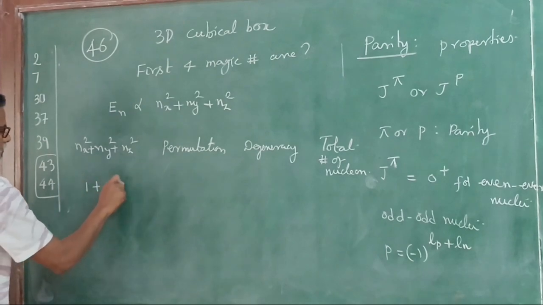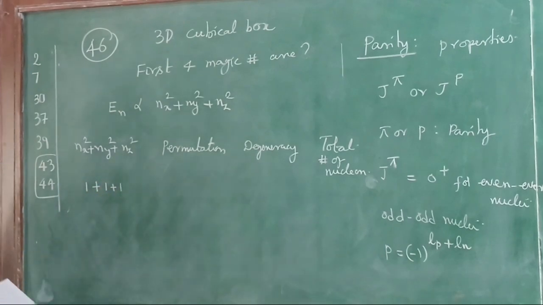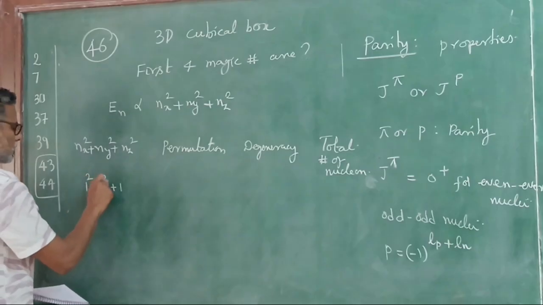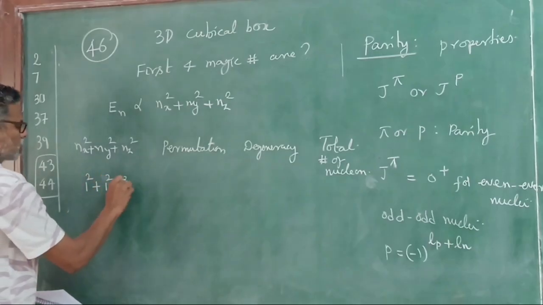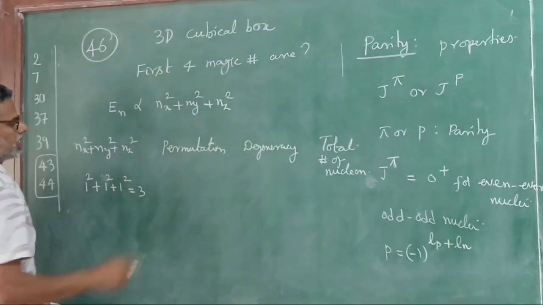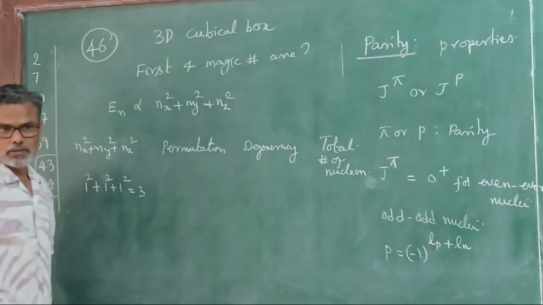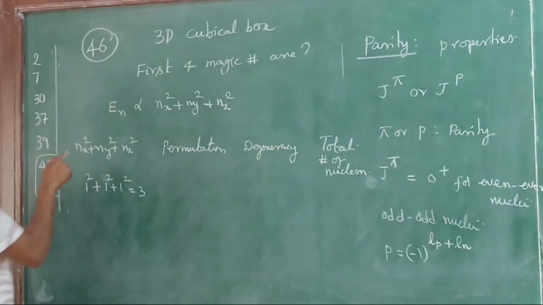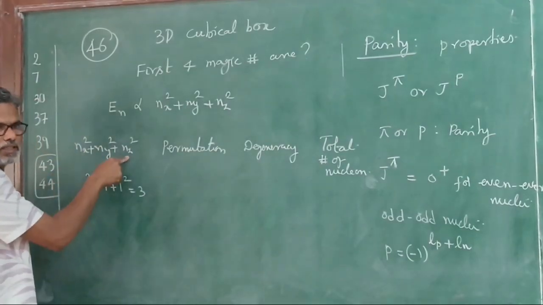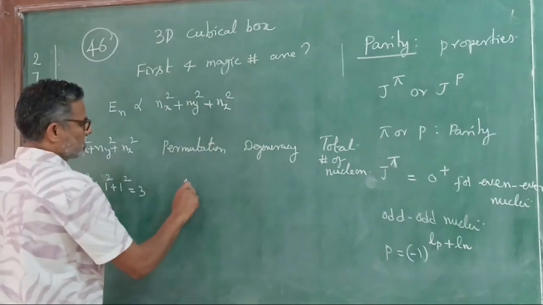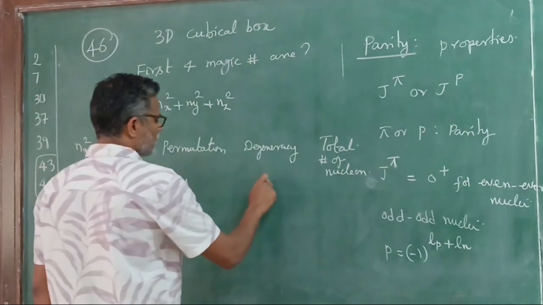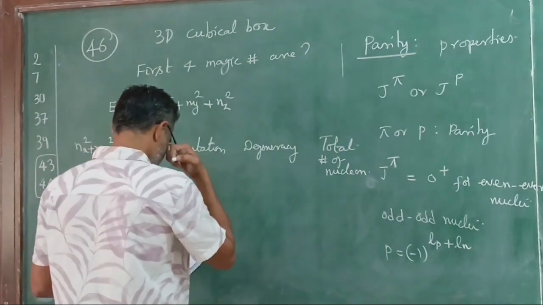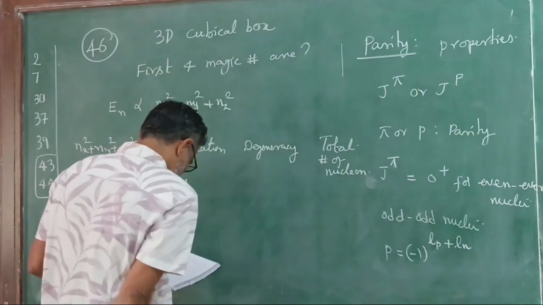The first one is 1 plus 1 plus 1, so 1 square, 1 square, 1 square, which equals 3. How many permutations are possible? Only one, because nx, ny, nz are all 1. So there is no degeneracy.